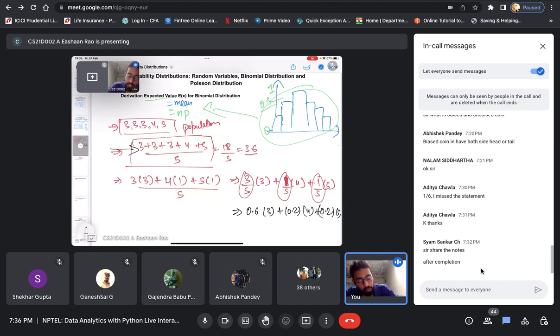Now I reached a point where I can define that in terms of decimal numbers. I can interpret this like this: 60% of the population that I have has the number 3, 20% of the population has the number 4, and 20% of the population has the number 5.